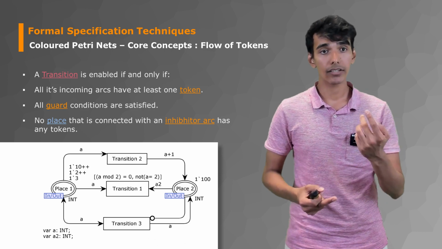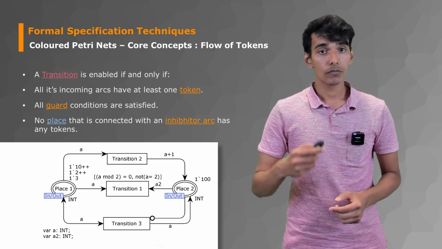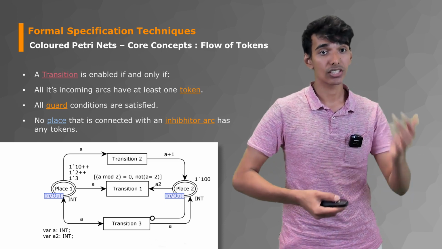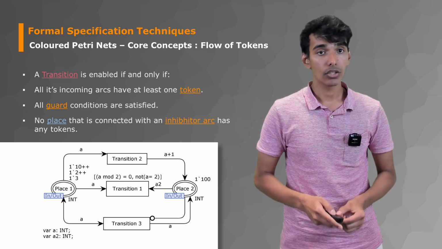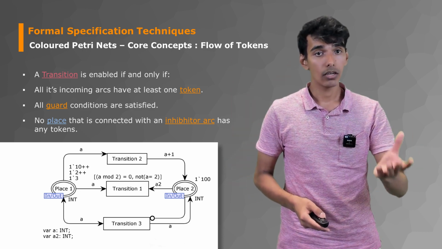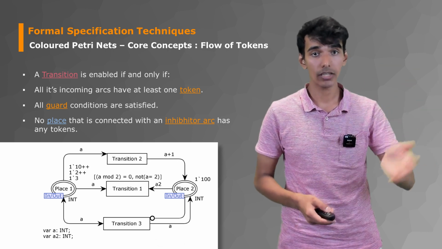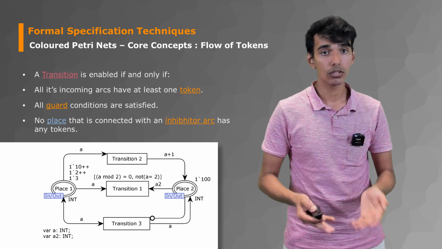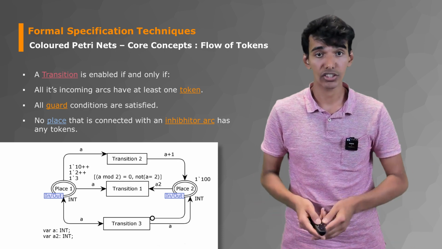So we look at the first condition. If you look at transition 2, you have place 1, which is an incoming arc with the variable a. We know that at least one token exists in place 1 because there are actually 3 of them: 10, 2, and 3. This means that transition 2 can occur because it doesn't have any guard conditions, unlike transition 1.